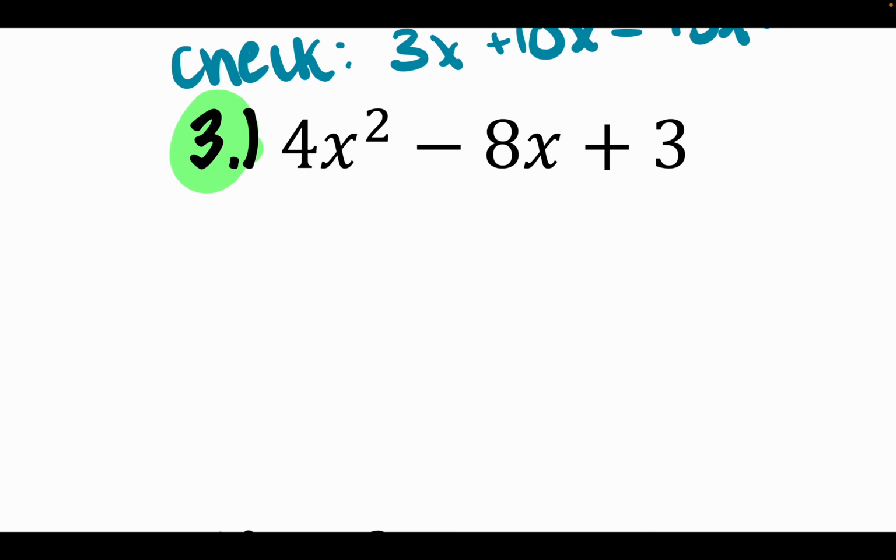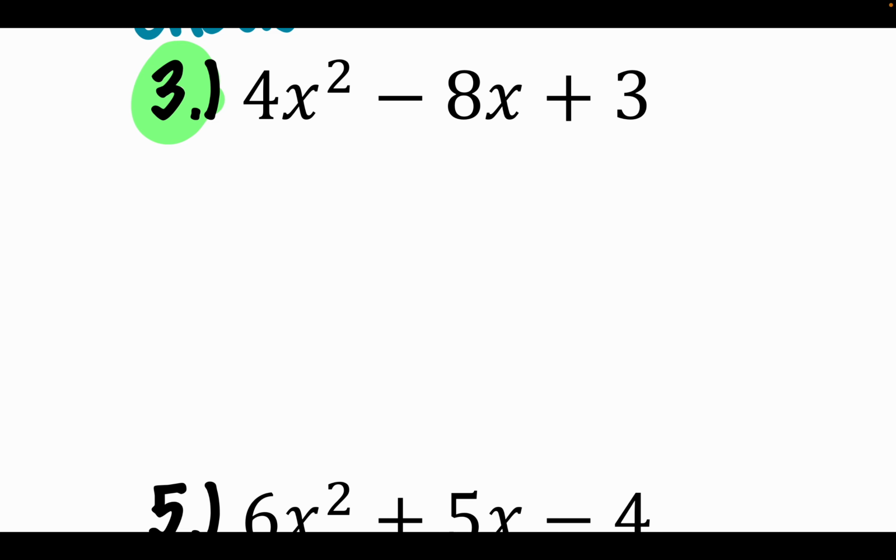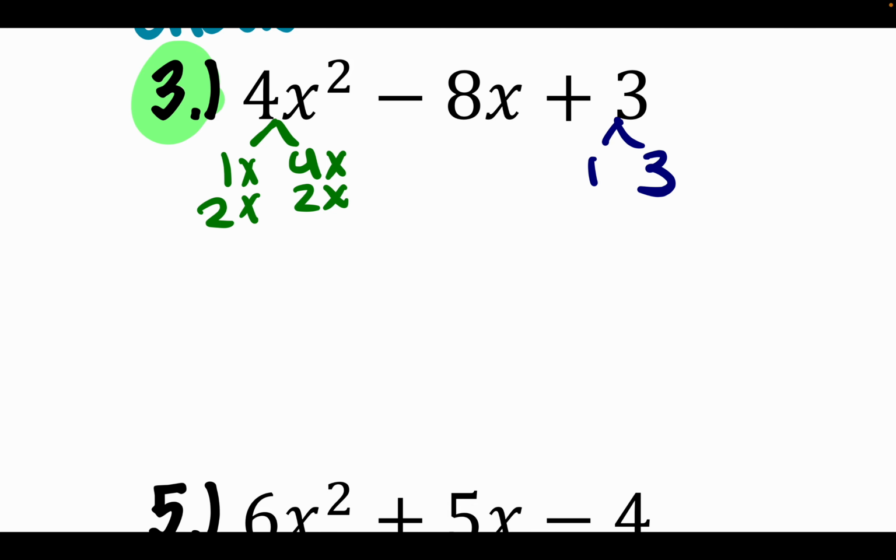Okay. Next one, 4x squared minus 8x plus 3. So let's do our factors of 4x squared. So that's going to be a 1x and a 4x, or a 2x and a 2x. And then our factors of 3. That's going to be a 1 and a 3.